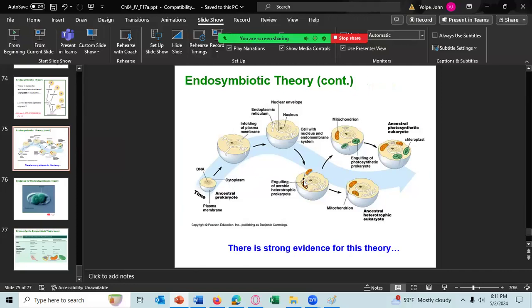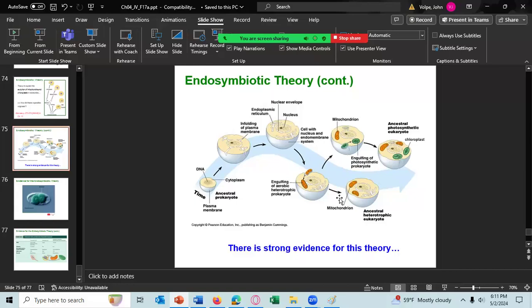And then the two started living together. The proto-eukaryote fed the mitochondria and gave it a home, and the bacteria made ATP for the eukaryote cell. That bacteria later became the mitochondria in the eukaryote cell.